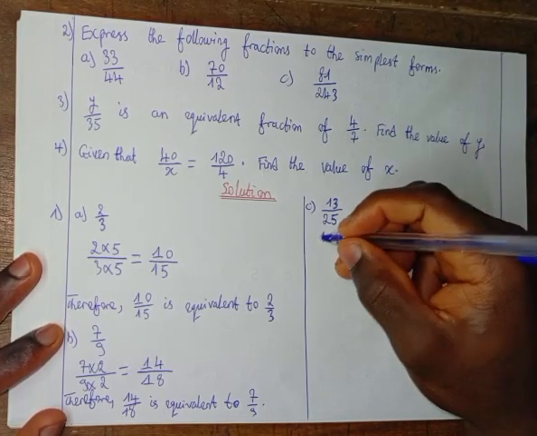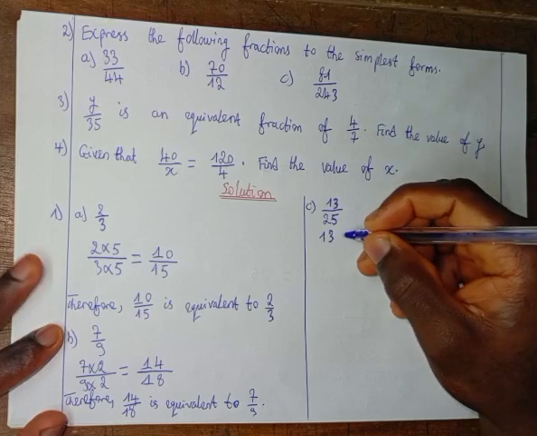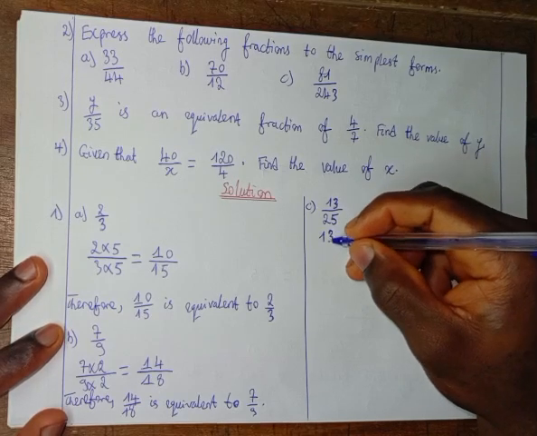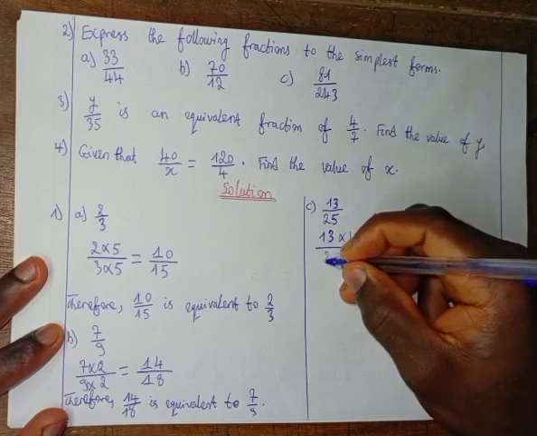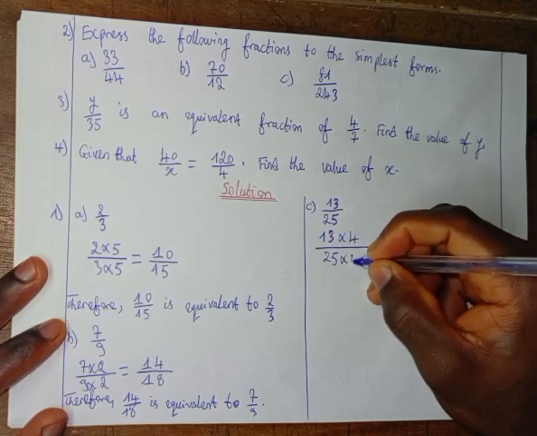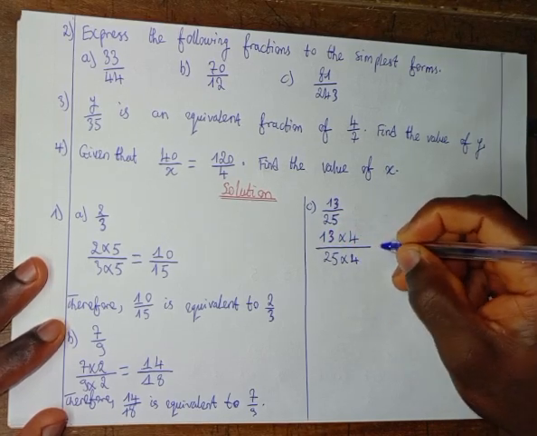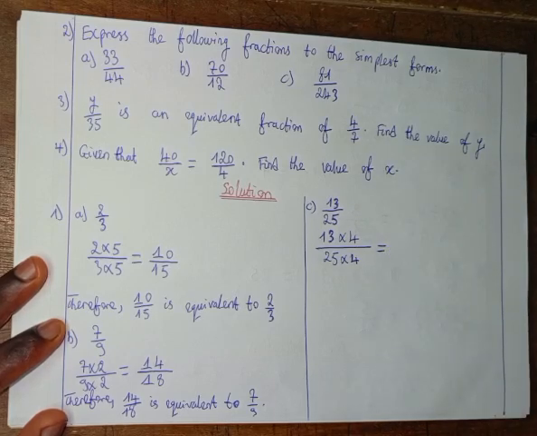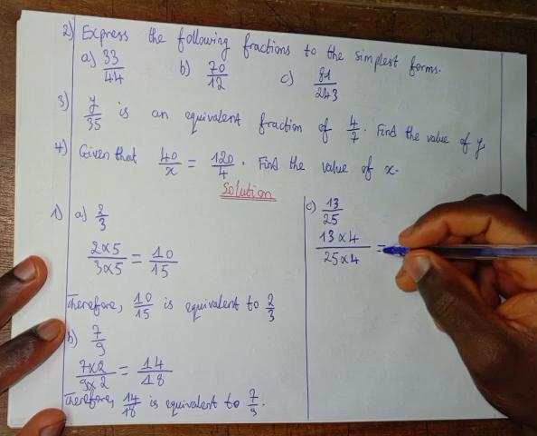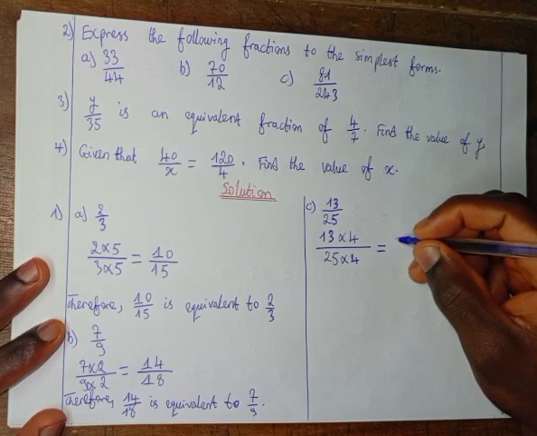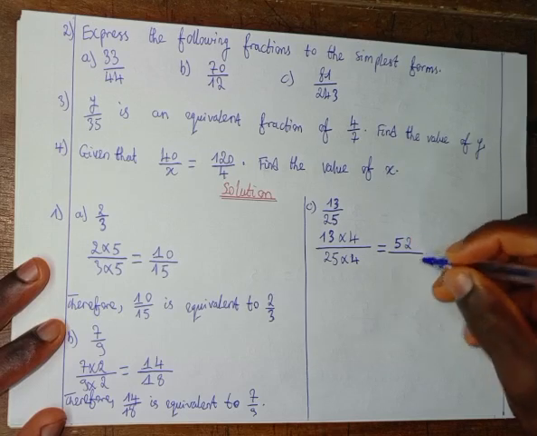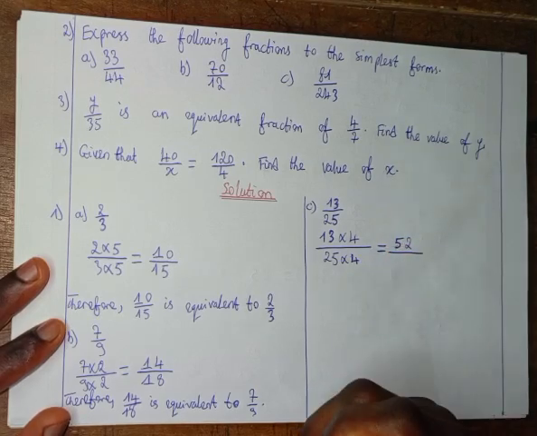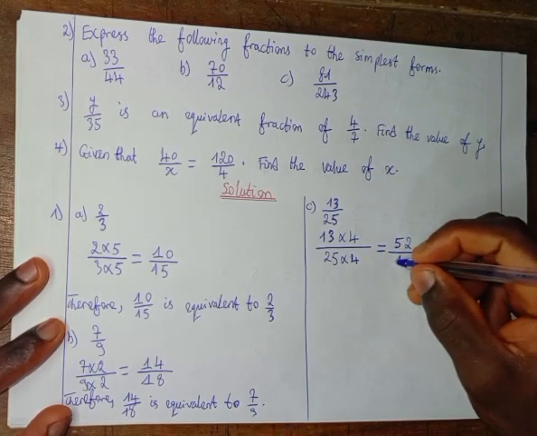In this case, we multiply both the numerator and the denominator by 4. 13 times 4 gives 52, all over 25 times 4 gives 100.